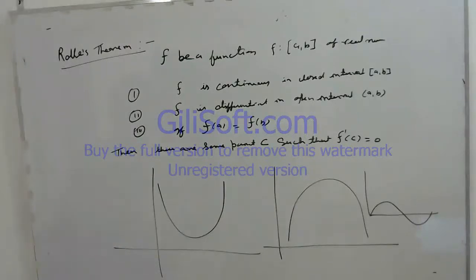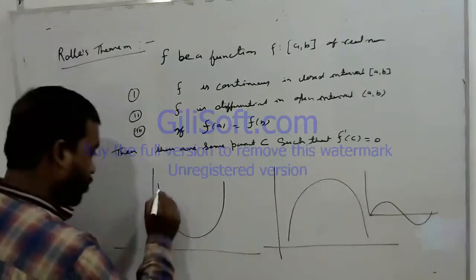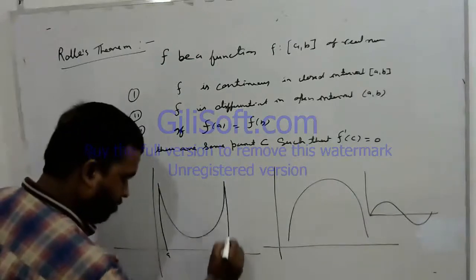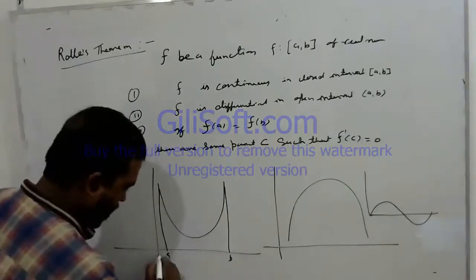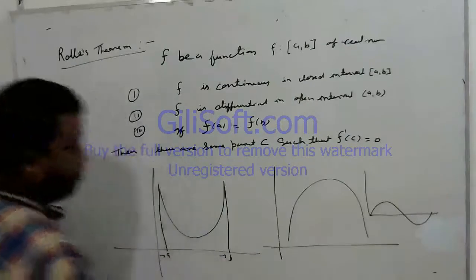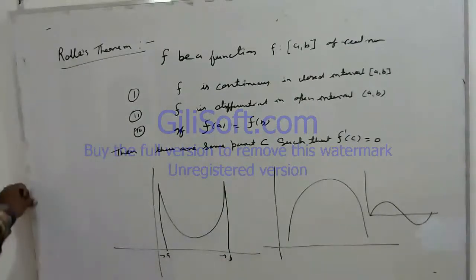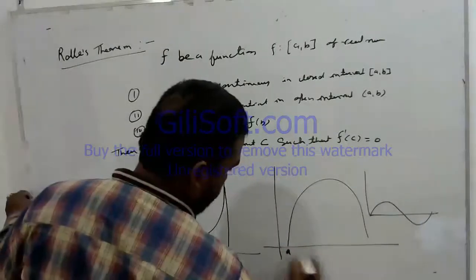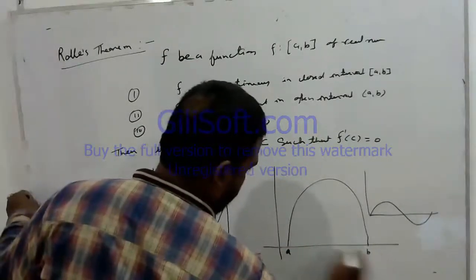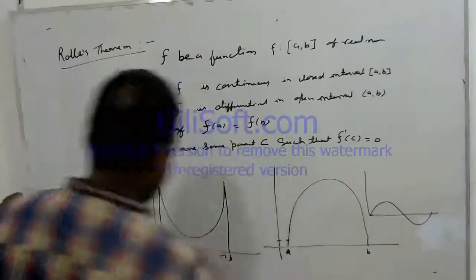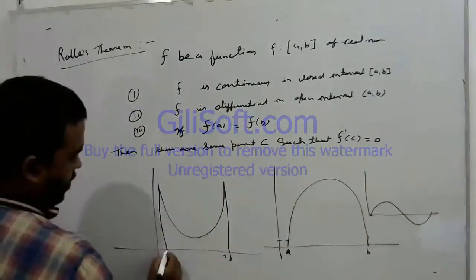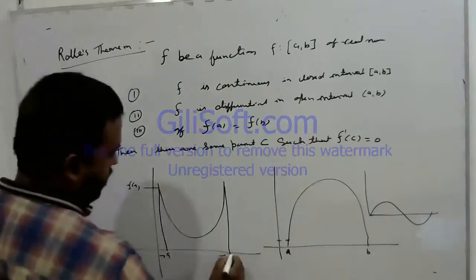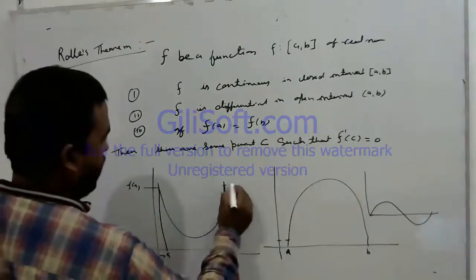Now look here. There is point A and there is point B. If it is A, this is the value of f(a), and if it is B, this is the value of f(b).